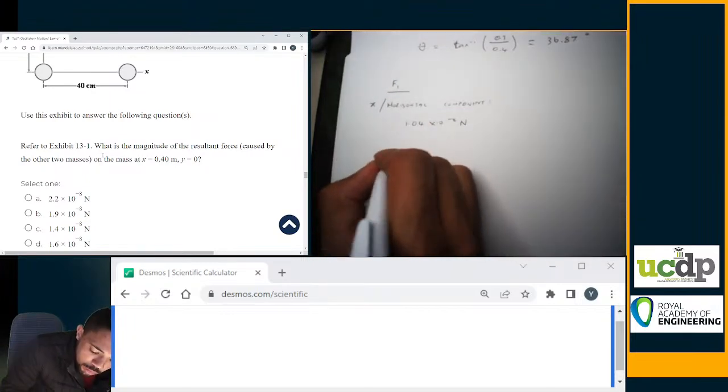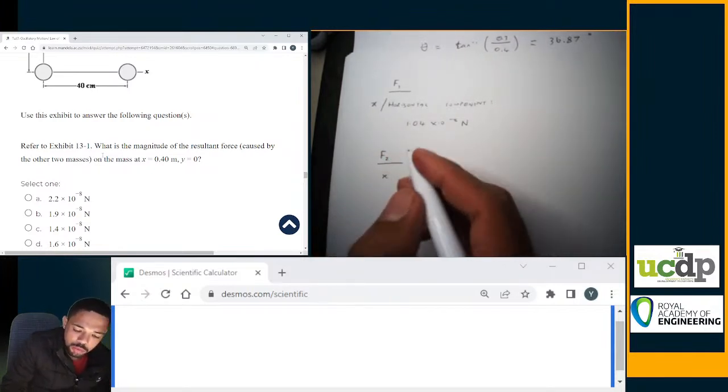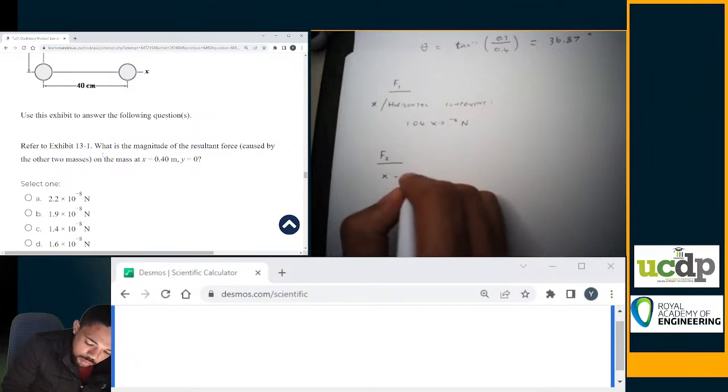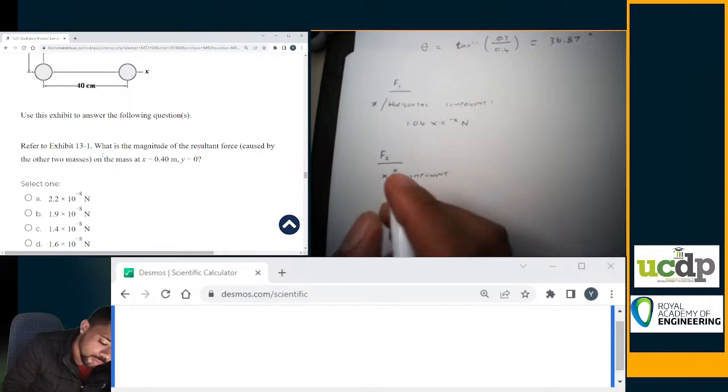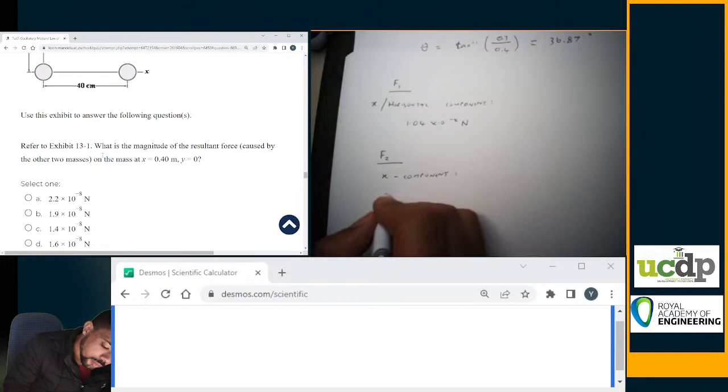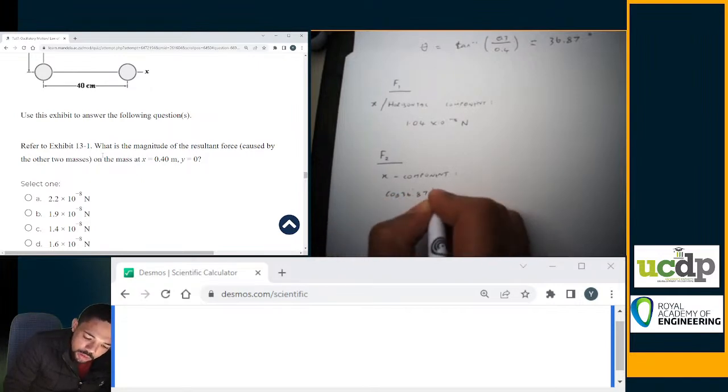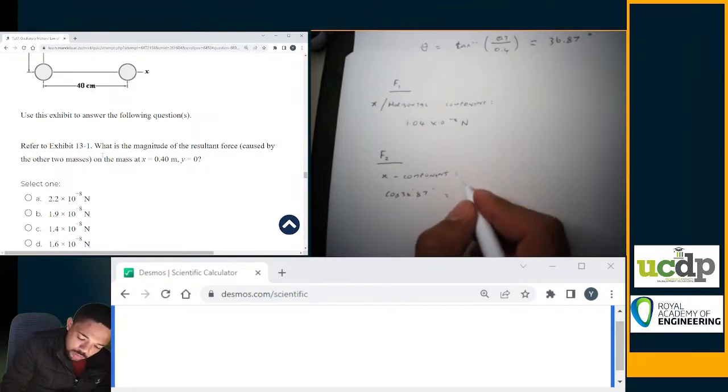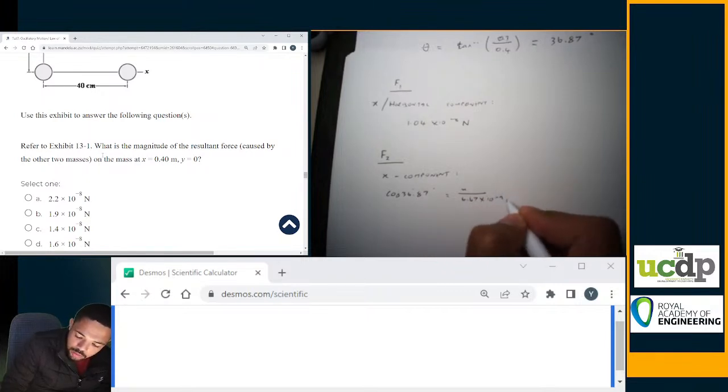F2, on the other hand, has both a horizontal and a vertical component. The X component for F2 you can calculate: the cos of 36.87 degrees is equal to the X component over F2, which in this case was 6.67 times 10 to the negative 9 newtons.